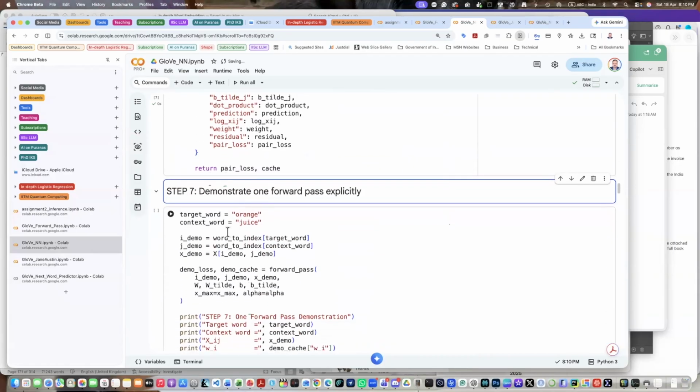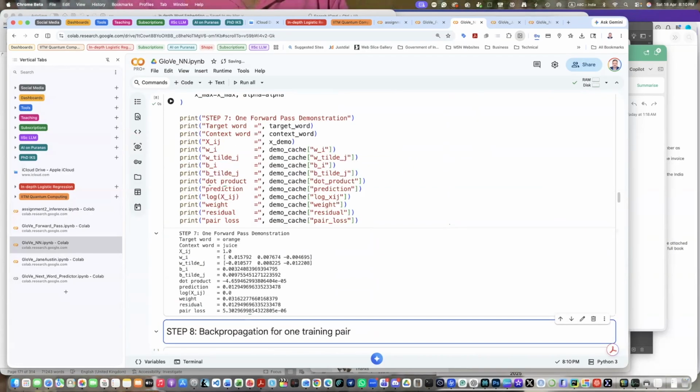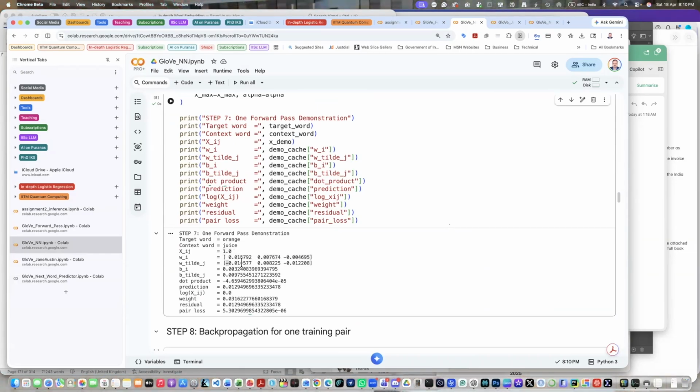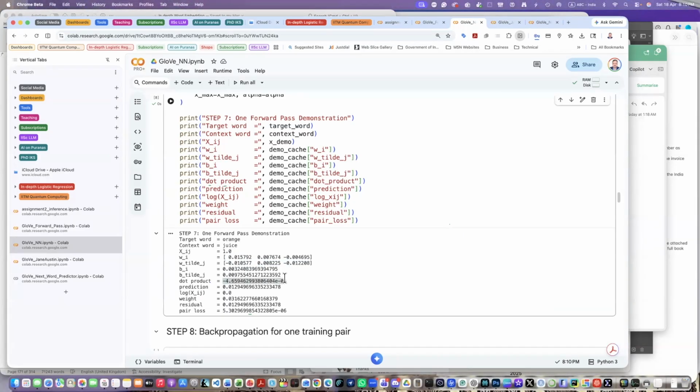Now this is just a demonstration of the calculations. You see that I started with the two words orange and juice. I got an Xij of 1.0. There is a co-occurrence, they're next to each other. So at random I got wi, at random I got wj, at random I got bi, I got bj. I calculate the dot product between wi, wj, and the prediction is basically dot product plus bi plus bj.